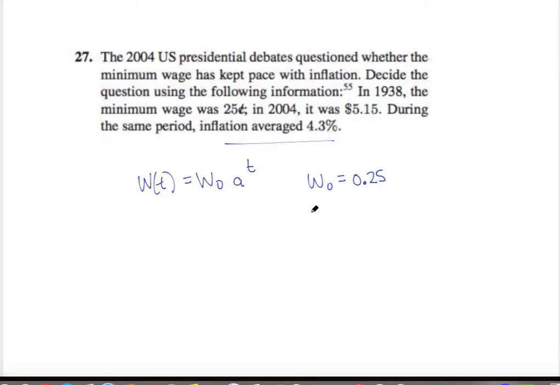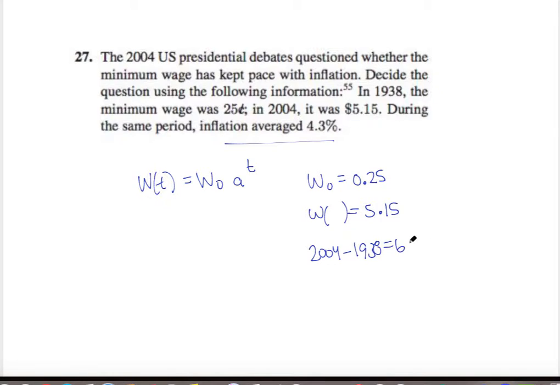And we know that after some number of years, we have a wage of $5.15. So we need to know how many years have passed since 1938. So we have 2004 minus 1938, which means that our T in this case, which is years since 1938, is actually going to be 66.